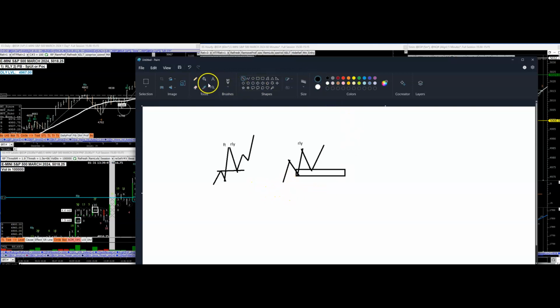Now, in the first scenario, and this is the objective criteria I'm going to give you now. The 50% retracement is greater than the prior high.